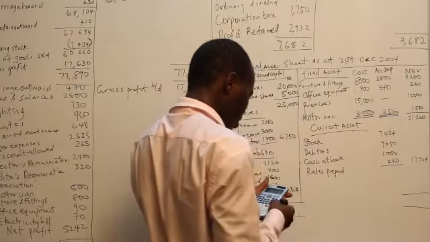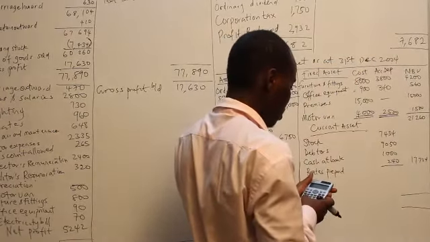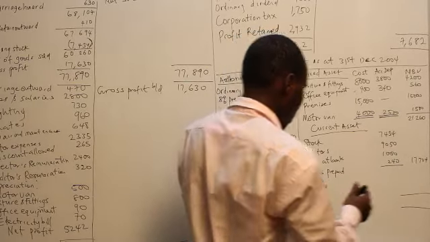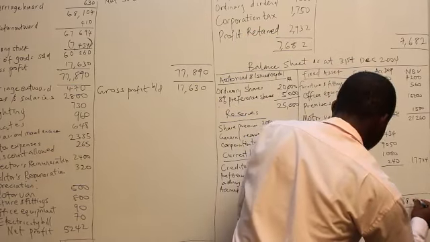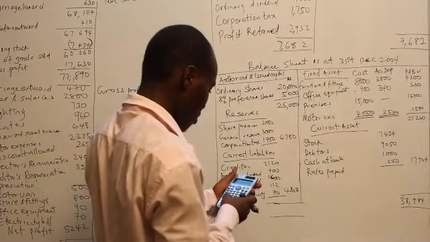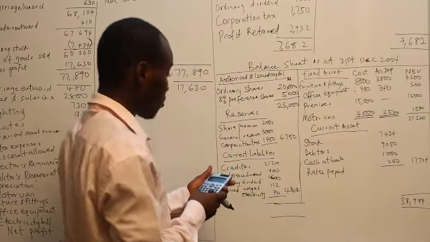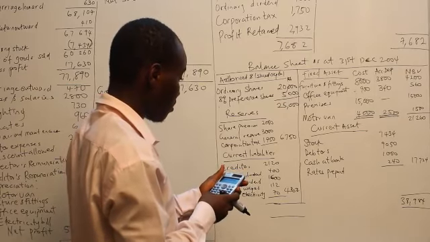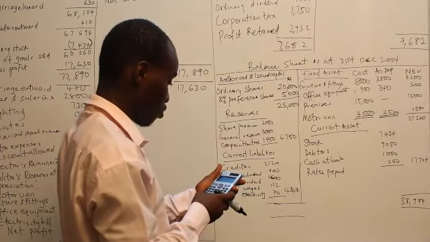Okay, what is the total of this? That is 1,260 plus 17,724, which gives us 18,984. So we can add everything here. We have 25,000 naira. So we have reserve, which is 6,750 plus 4,302.